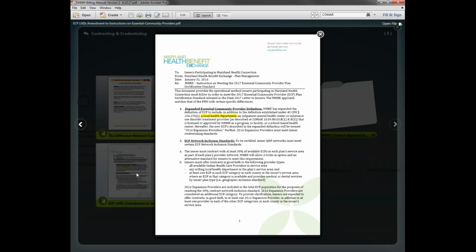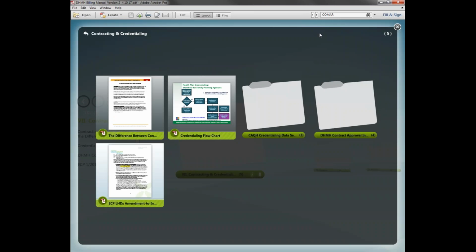The health departments were not part of the ECP designation sites, but in January 2016 they did get that designation, and hopefully it will help you with being able to contract with some of the payers in your community. We have heard that some of the payers have given some of the health departments a difficult time about contracting, so hopefully that designation will give you a little bit of leverage.